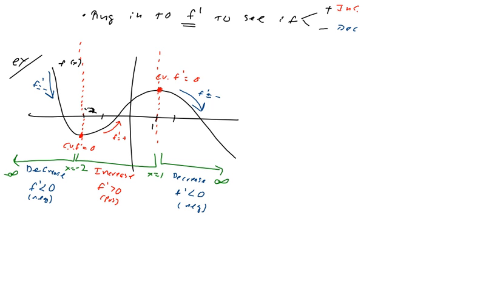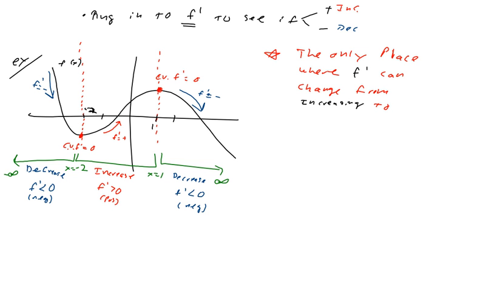The only place where f prime can change from increasing to decreasing is at a critical value.